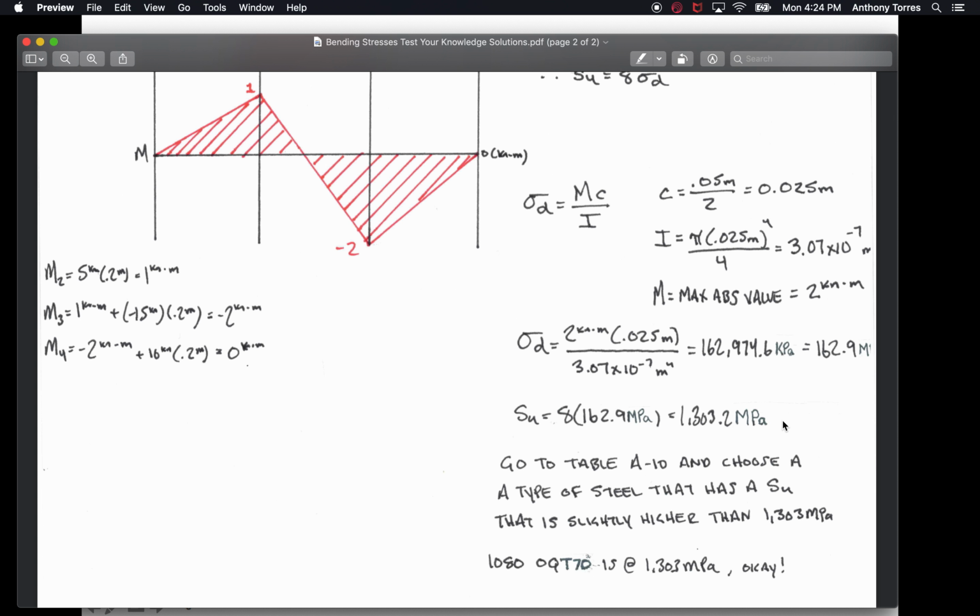Big and bulky means more material, and more material means more money. So a designer needs to pick something just a little bit bigger than this, maybe 1,400, maybe even 1,320, because we know it meets the design conditions and it's going to be the cheapest for our owner, for whoever we're working for.